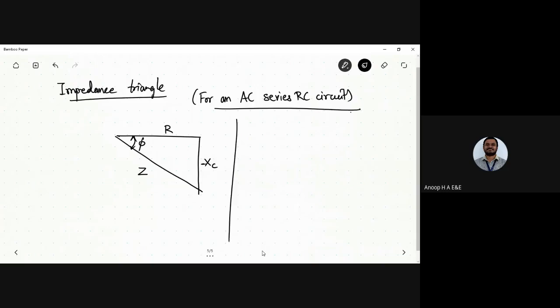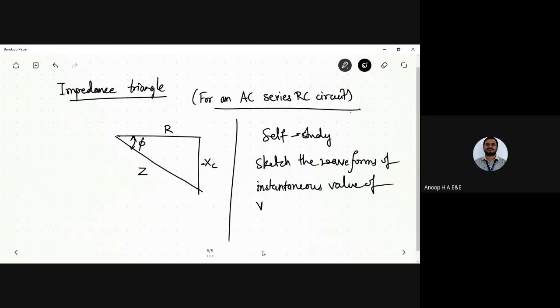What I can leave you with is a self study topic: sketch the waveforms of the instantaneous values of voltage, current and power.